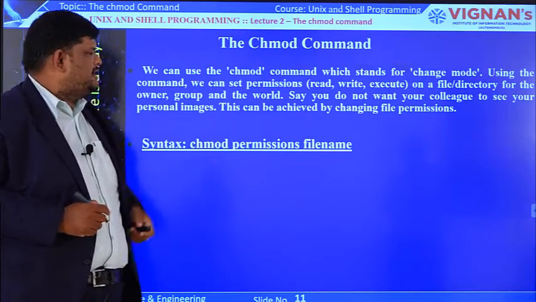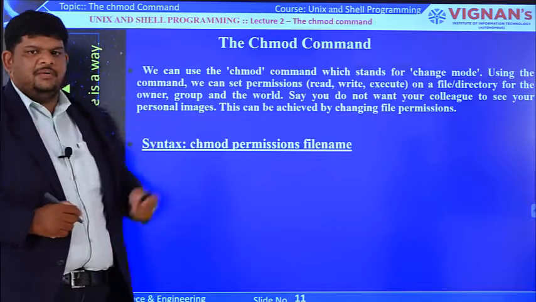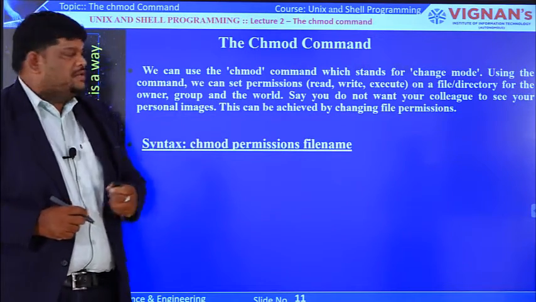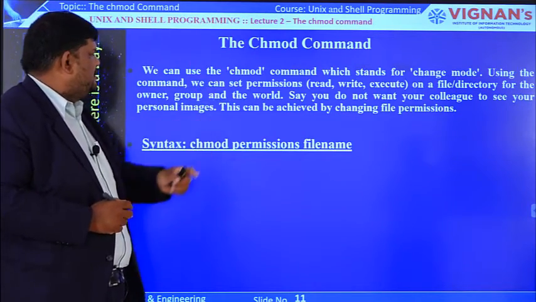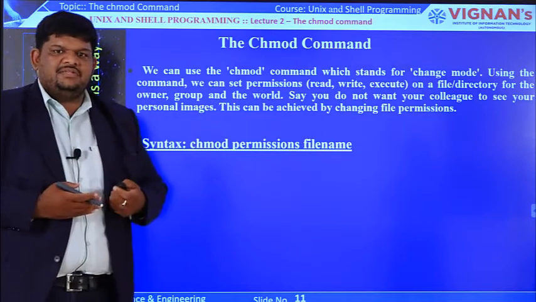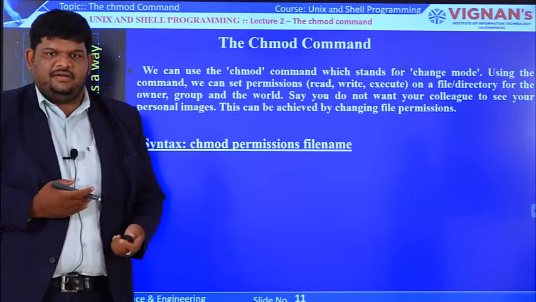Here ch indicates change and mod indicates mode, the change mode command. With it, we can alter the permissions which exist for a file or directory.